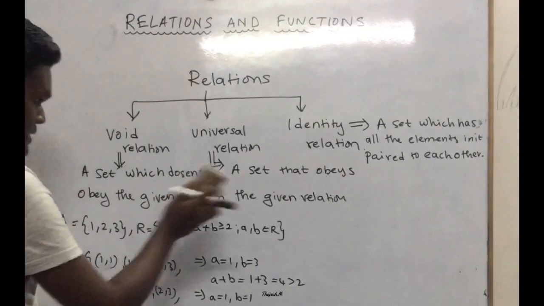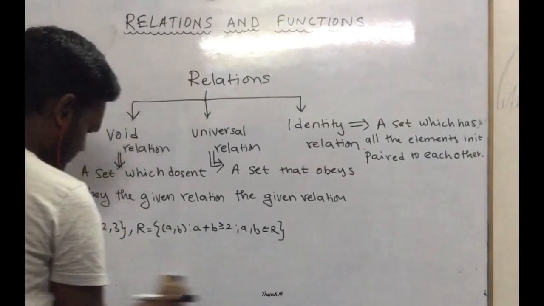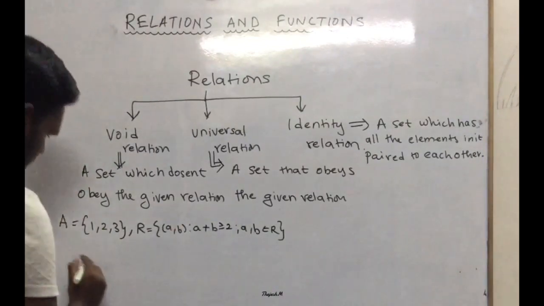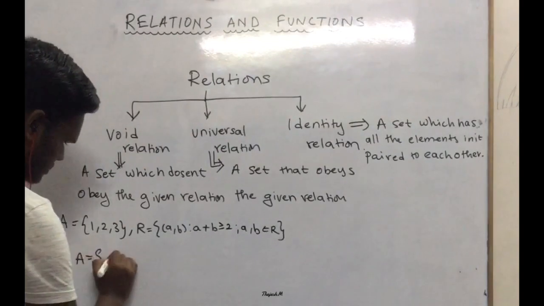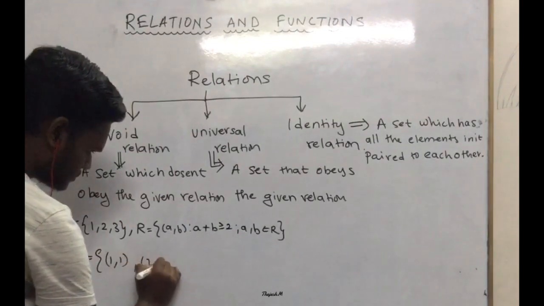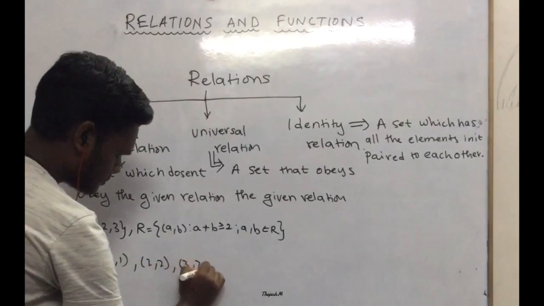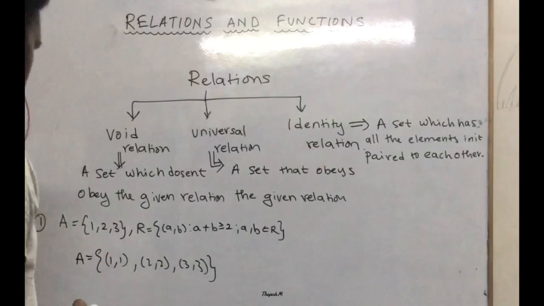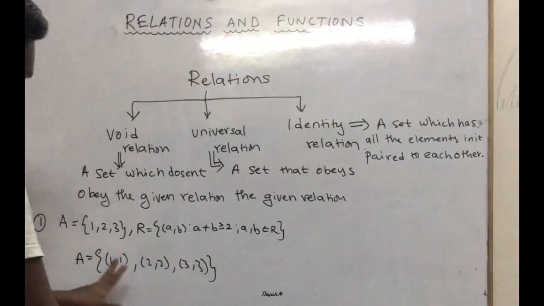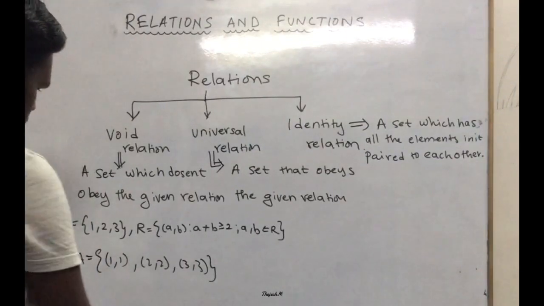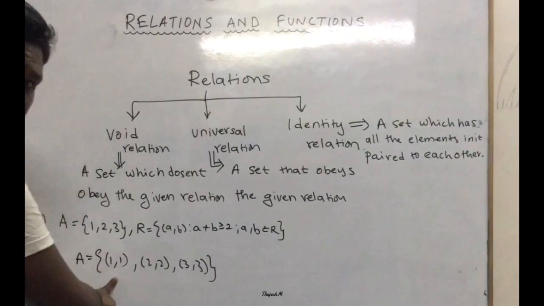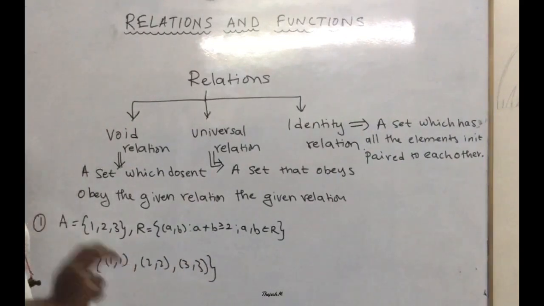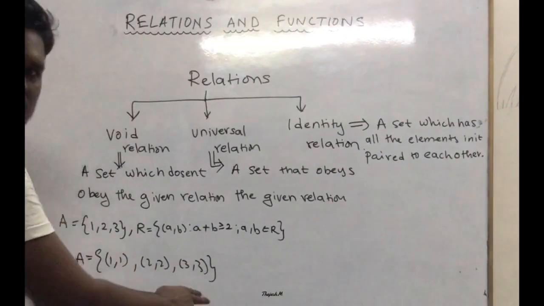Let's check for identity relation. I'll take the same set, but let's say there's a relation like this. So this is my set. If you see in the set, there are only 3 elements. First one is (1, 1), second one is (2, 2), third one is (3, 3).